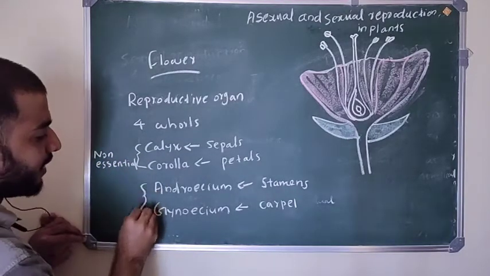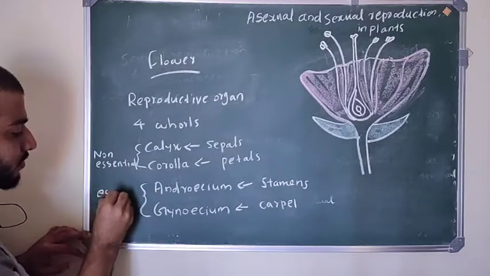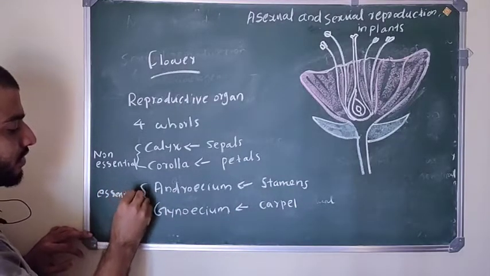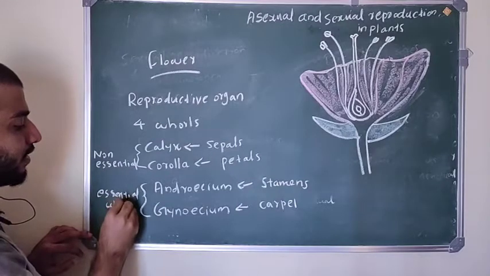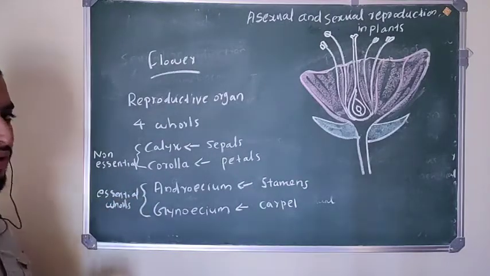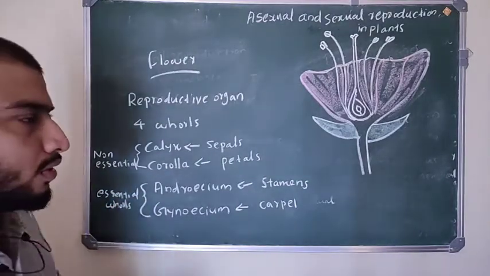But the androecium and gynoecium are the essential whorls of the flower, because they are involved in reproduction.